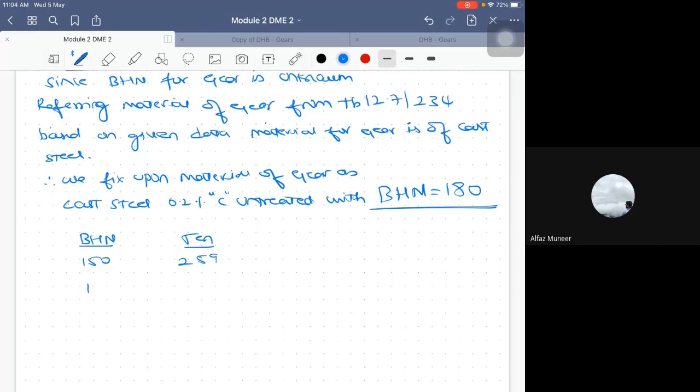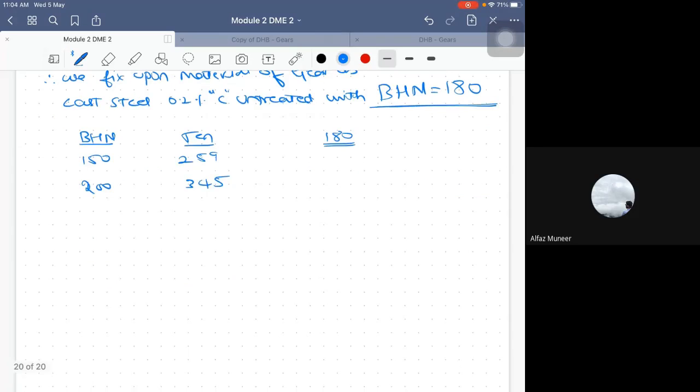Similarly, BHN 200, you would get sigma En value 345. Now I require the value for 180. So how to do it? How many of you remember the method which I explained last time when we encountered the same sort of situation?